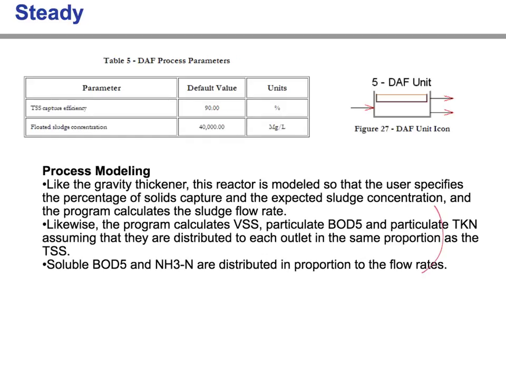All remaining parts are identical. So within the program, there's no actual difference between the gravity thickener and DAF. In reality, they are quite different. However, when you just want to calculate the removal efficiency, the principles are just identical.